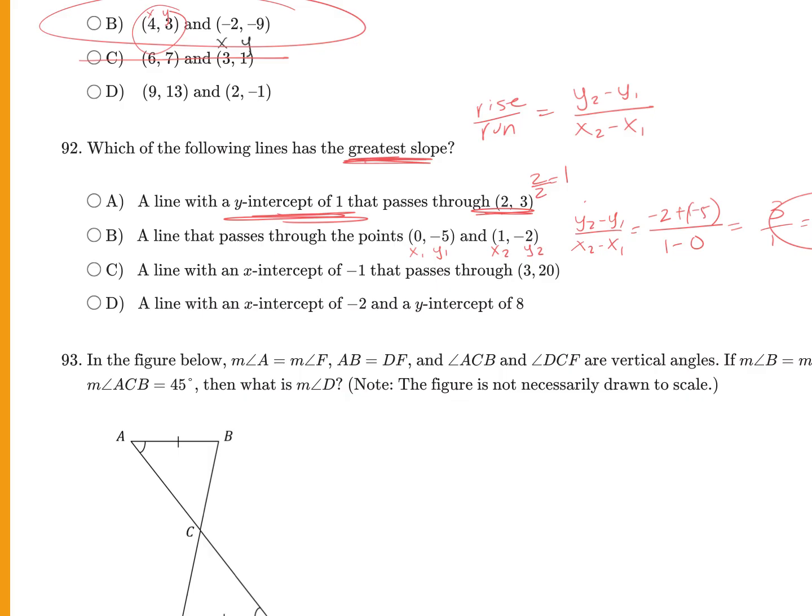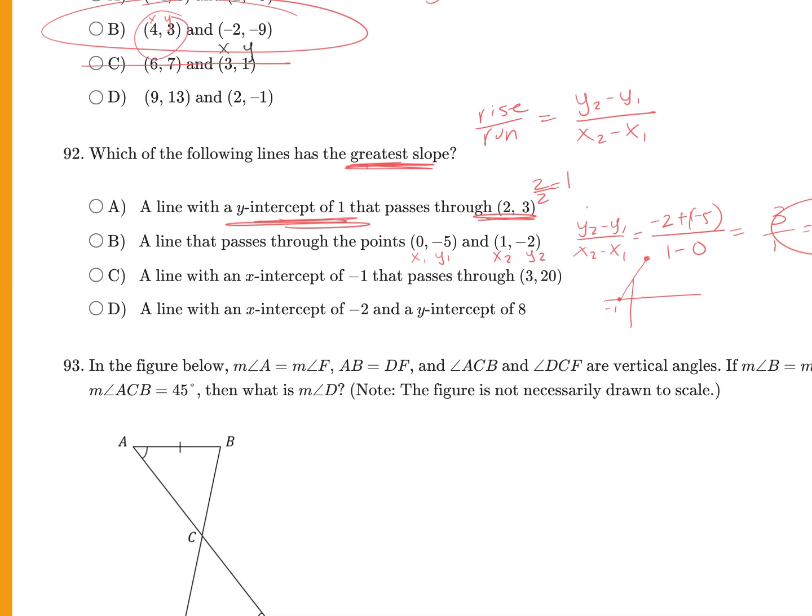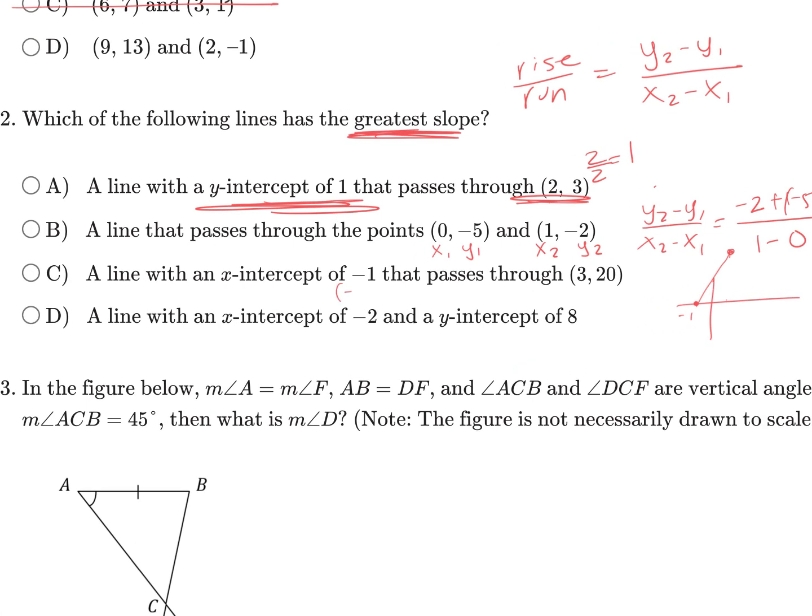A line with an x-intercept of -1 that passes through 3, 20. The x-intercept is -1, so right here. And it passes through 3, 20. That's like all the way up here, so it goes like that. X-intercept means that x is -1 and y is 0.